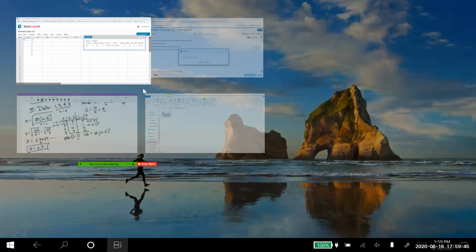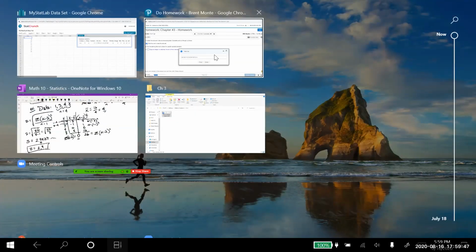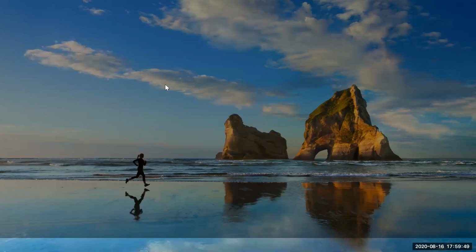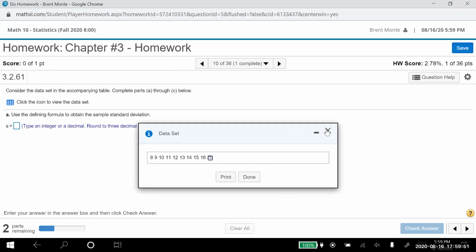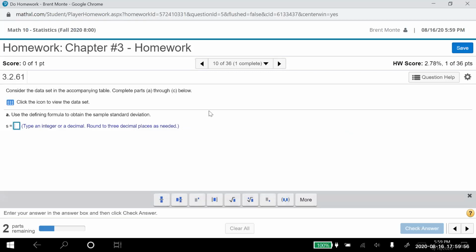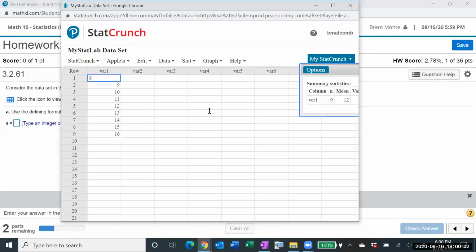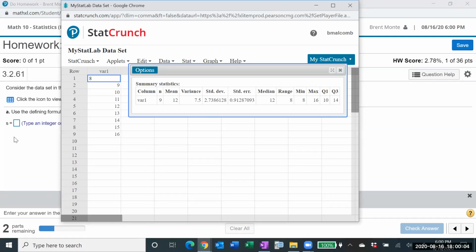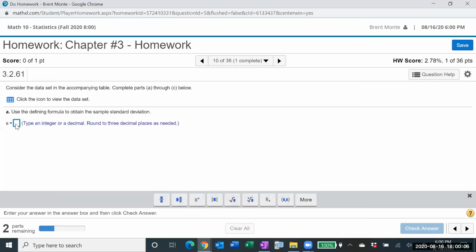So let's go back in here. Where am I at? Here's my homework. We can close that. S was 2.7, so I will go ahead and enter that in. Click back in there. 2.7.